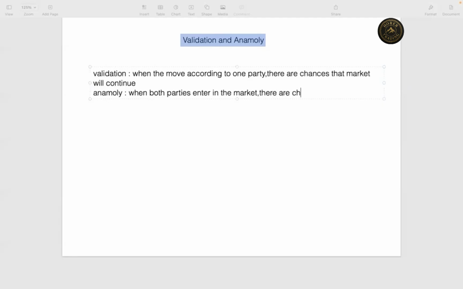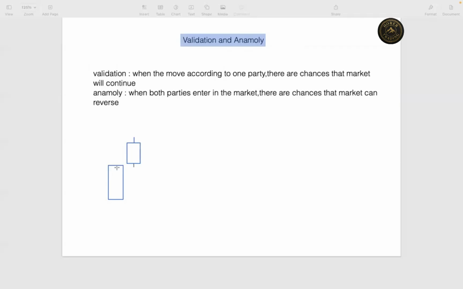There are chances that the market will reverse. So validation is when one party is leading the price. Anomaly is when there is a struggle between buyers and sellers in opposite directions.